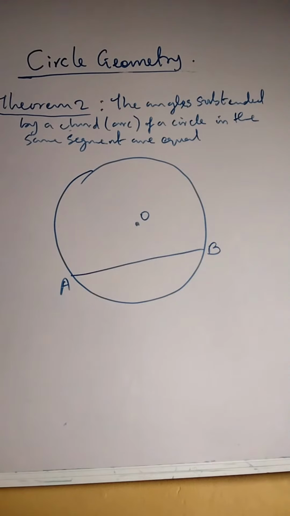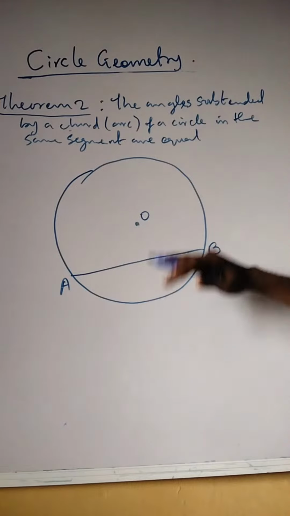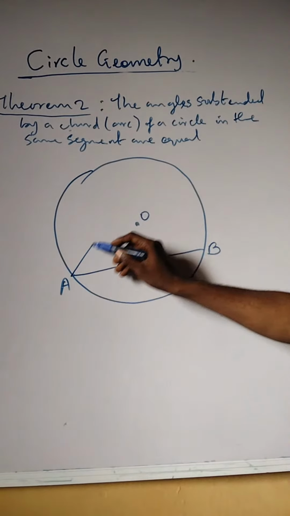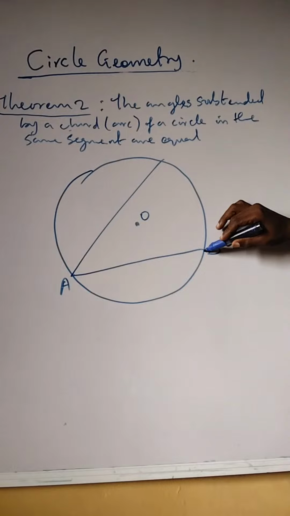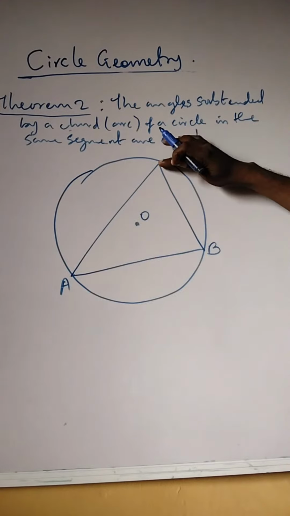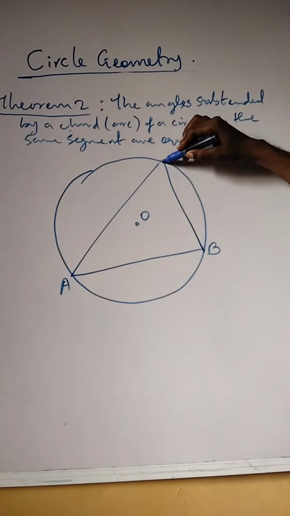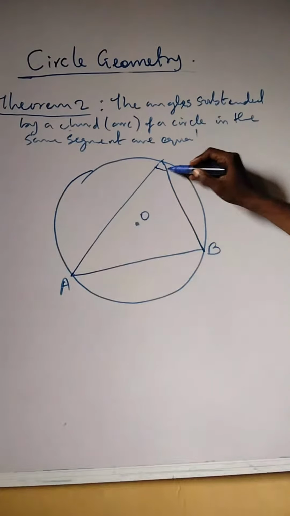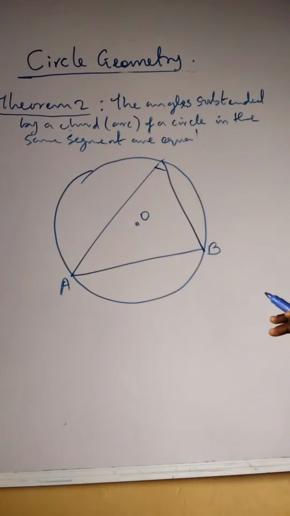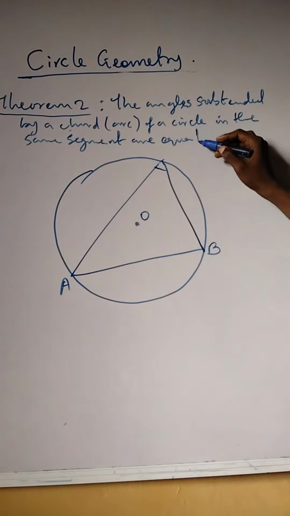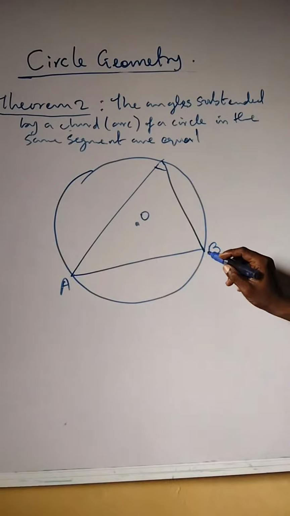Now, if we form an angle by this chord in one segment like this, we have this angle formed by this chord in this segment. Now we can still form another one here. It's not necessarily that we have one angle.